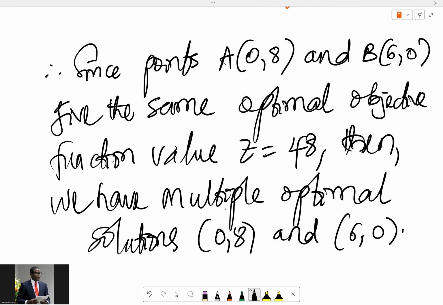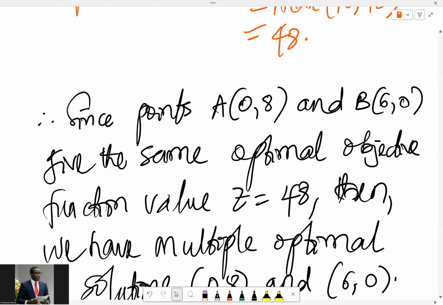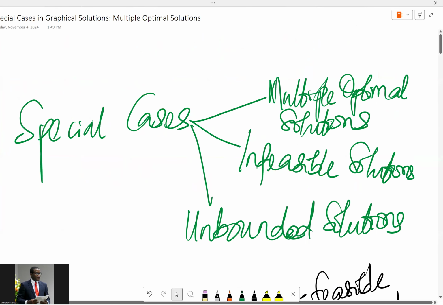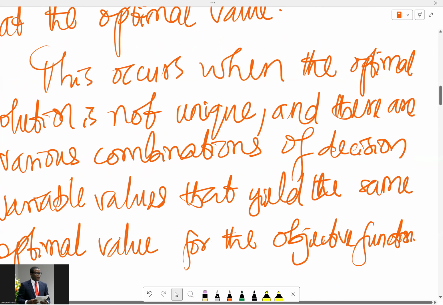So they are different, but they are giving us the same optimal solution. That is a special case when we talk about the graphical method for solving linear programming problems. So that's just the idea, basically.